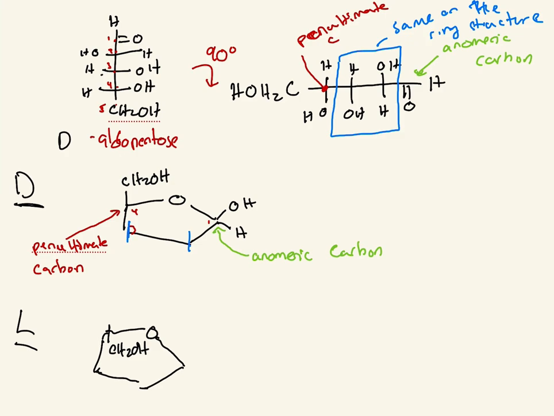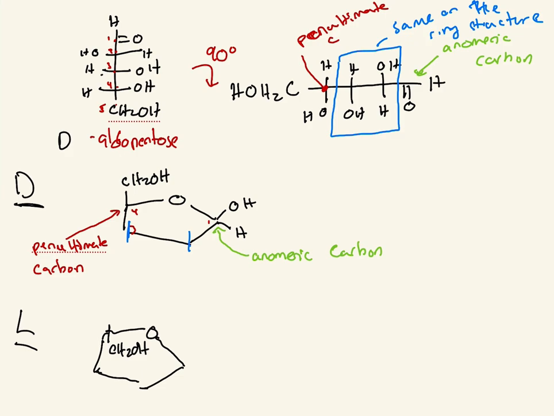Those are the 2 spots that are in the center of our Fischer projection. And when we rotate it to the side like this, you just keep the same orientation and add the hydroxyl groups and hydrogens based off of what they look like in this laying down structure here.